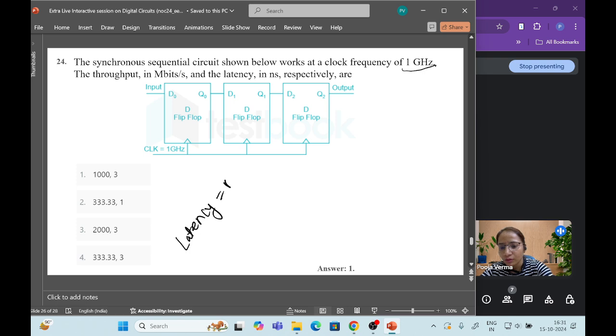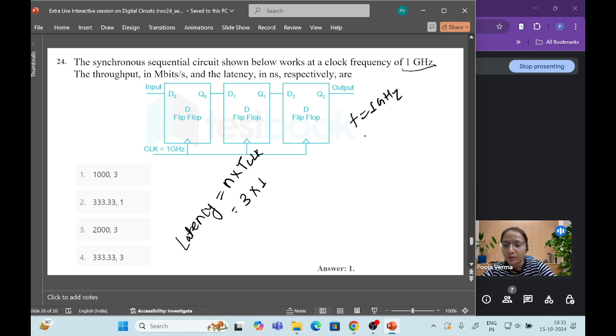latency is equal to n into T clock. So n is the number of flip flops, which is given as 3. The T clock is found from the input frequency, f, which is given as 1 gigahertz.